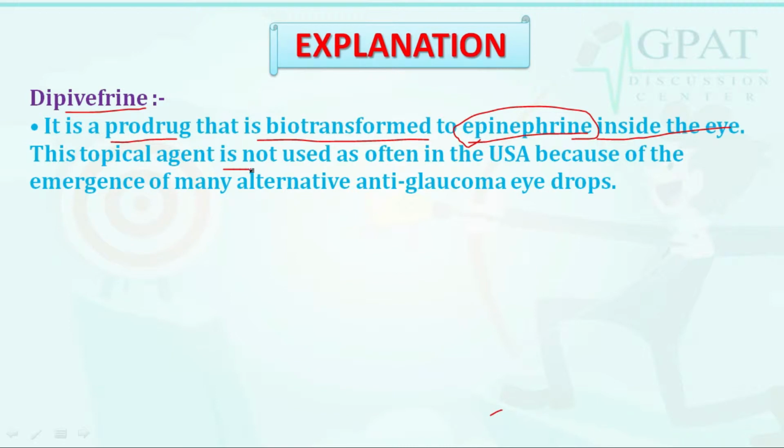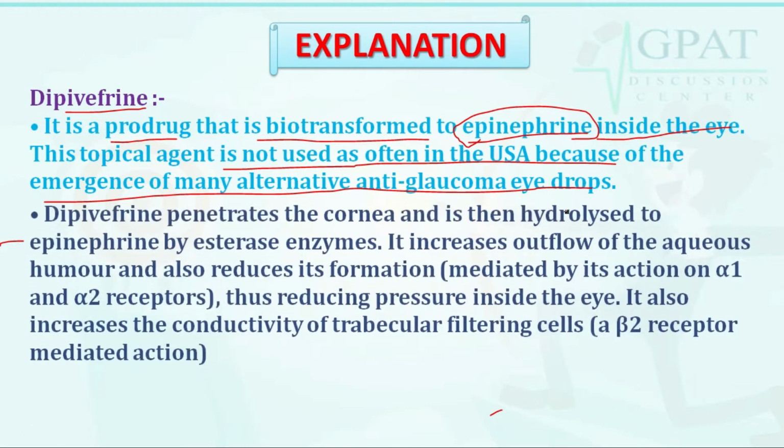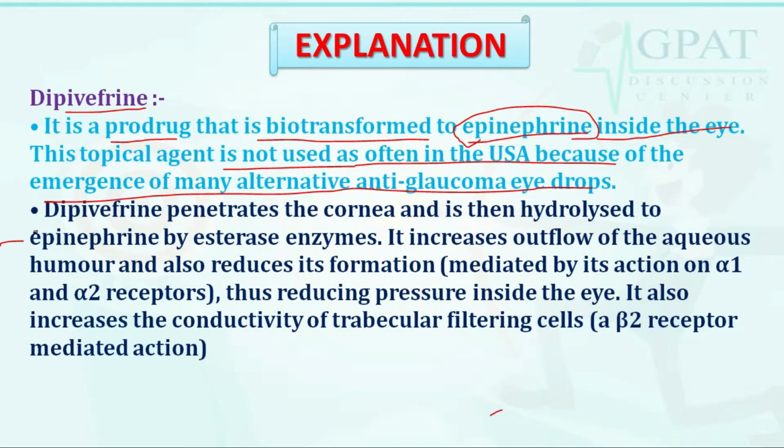This topical agent is not used as often in the USA because of the emergence of many alternative anti-glaucoma eye drops. And diphenhydramine penetrates the cornea and is then hydrolyzed to epinephrine with the help of which enzyme? That is the esterase enzyme. It increases outflow of the aqueous humor and reduces its formation.